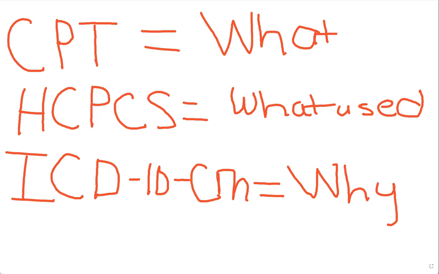So CPT, what they did, ICD-10 CM, why they did it, and then HCPCS is what they actually used. Got it? Yeah. And this is on the recording that we had from last week sometime.